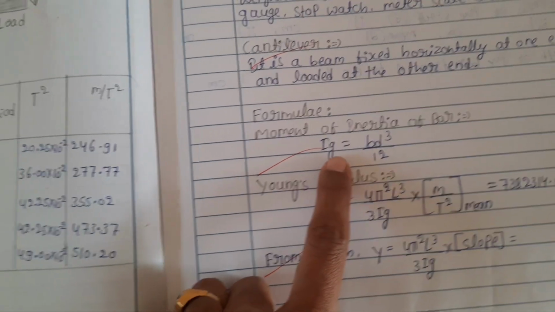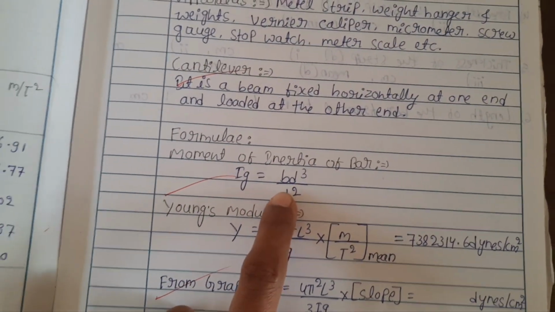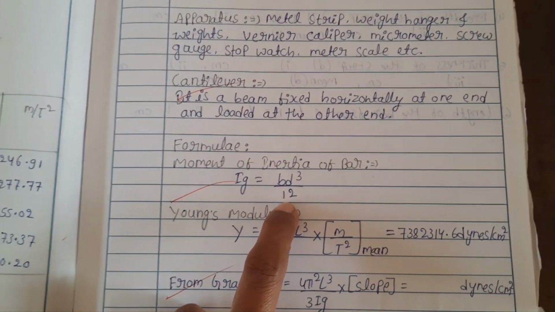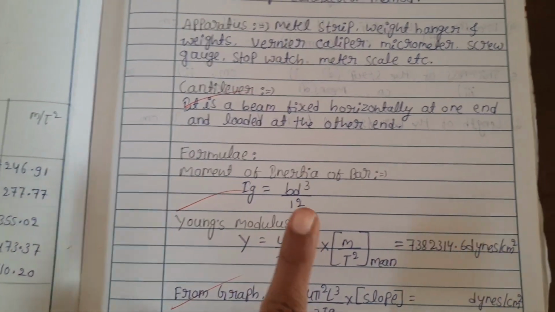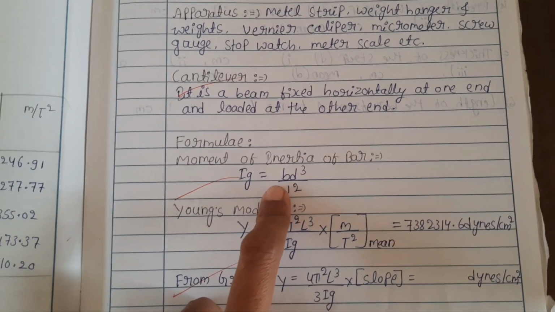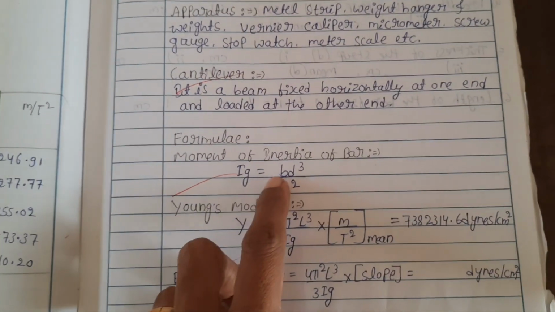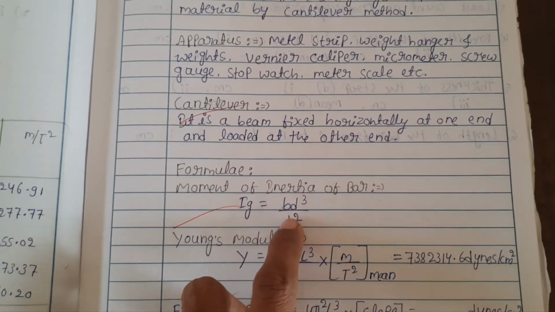The moment of inertia for a bar is given by b d cube by 12. And how do you get the b d cube by 12? You just write the values of b and d in the observation.